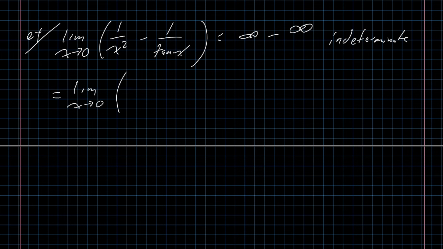If I find a common denominator, I can write this as tangent of x minus x squared over x squared tangent of x. You can check at this point, as x goes to 0, we'll have tangent of 0, which is 0. We'll have x squared, which is 0. We have 0 over 0, which is the easier indeterminate form to deal with.